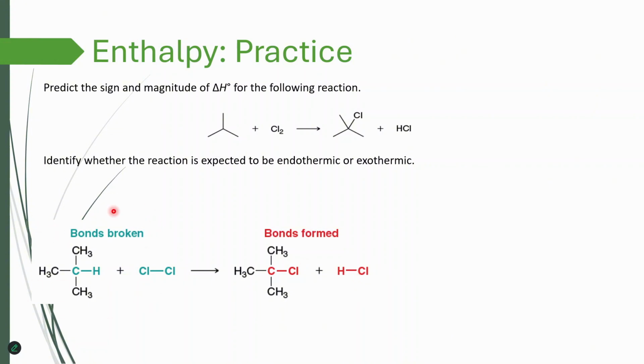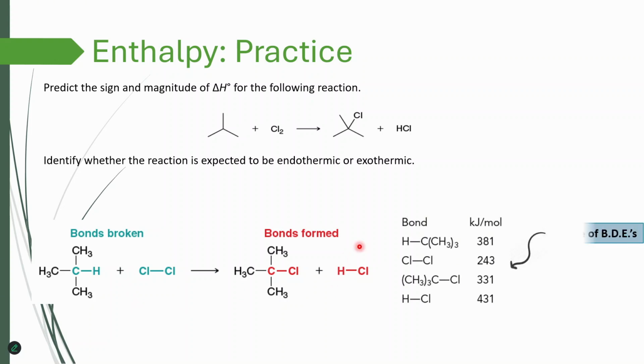So you always have broken bonds in your reactants, obviously, and formed bonds in your products. And then you look up the table of bond dissociation energies. How much energy is required in order to break a bond? That's basically the definition of bond dissociation energy, because we supply energy in order to break a bond.